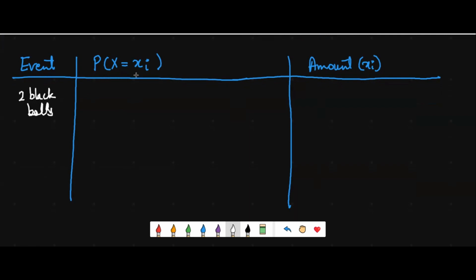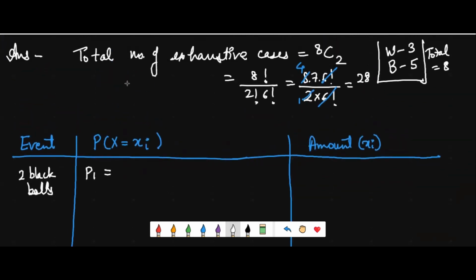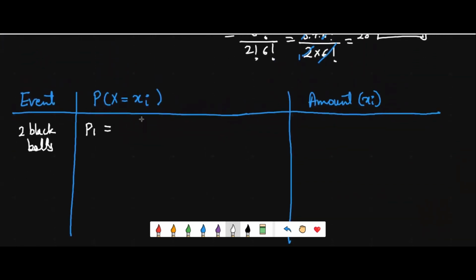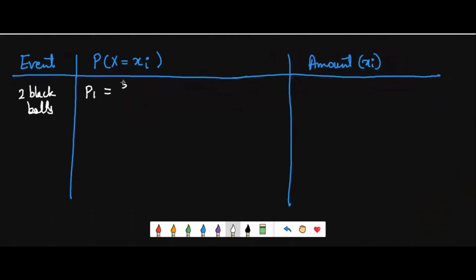So the probability, I'll denote it by P1. So P1 would be equal to, the total number of black balls are 5, so it is 5C2 upon 8C2. Using the factorial, I'm getting this as, into 1 upon 28.